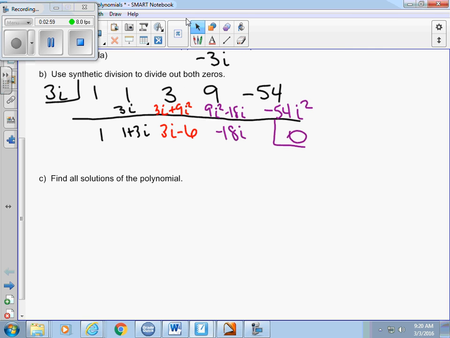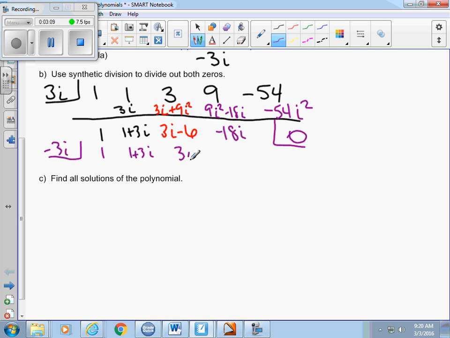So now I'm going to divide out the negative 3i in these coefficients. Now this is yucky, but is it really any different than anything else I've done?